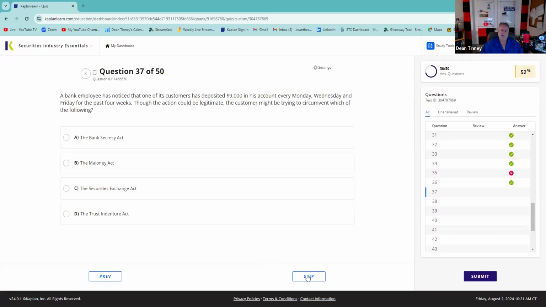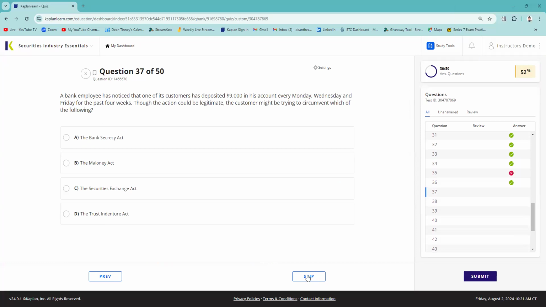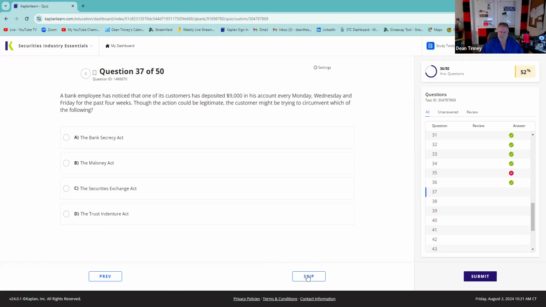A bank employee has noticed that one of its customers, this is testable, has been depositing $9,000 in an account every Monday, Wednesday, and Friday for the past 4 weeks. Though the action could be legitimate, the customer might be trying to circumvent which of the following?